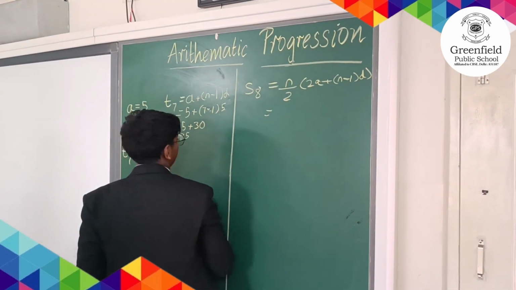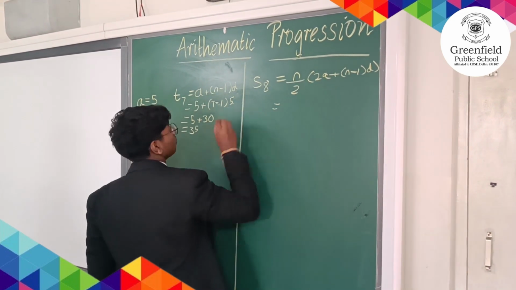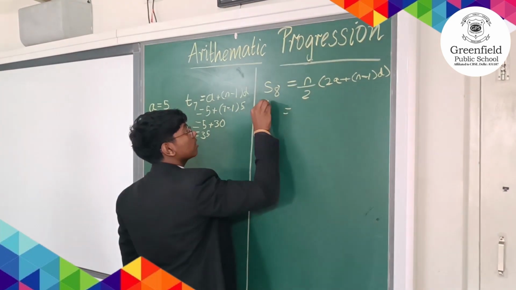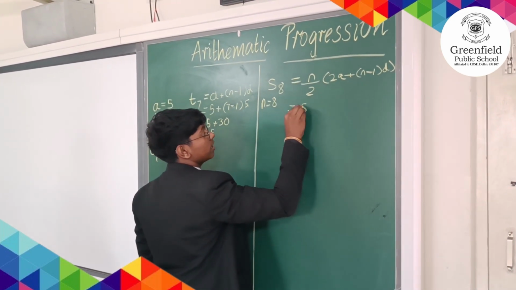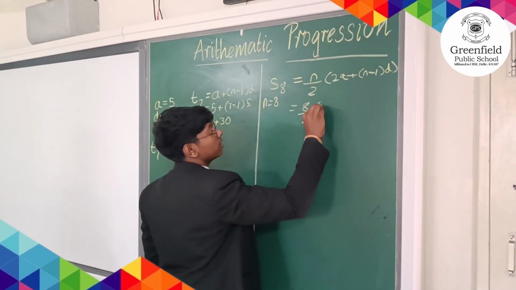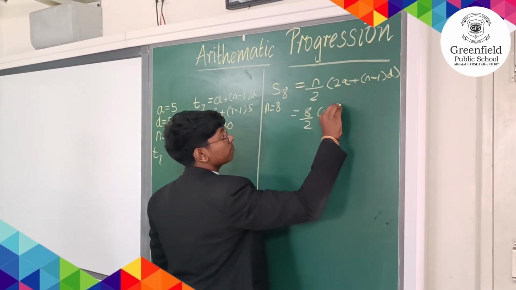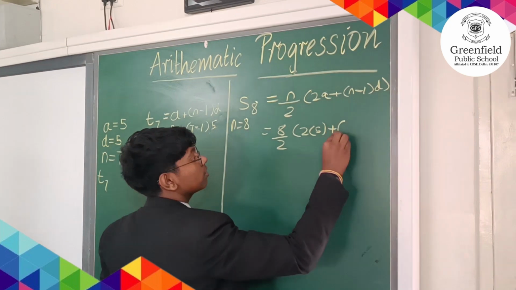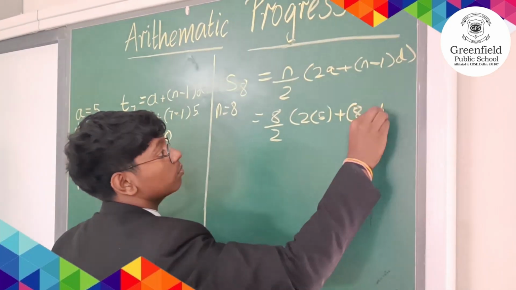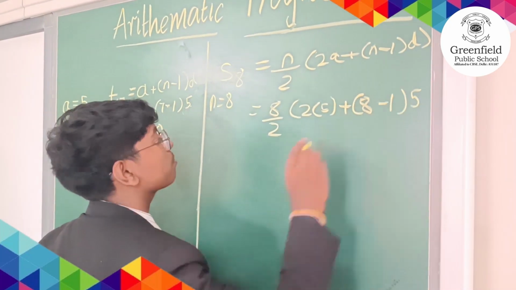As you want to find the sum of 8 cups, over here n is equal to 8. So that is 8 by 2 into 2 times 5 plus 8 minus 1 times 5.